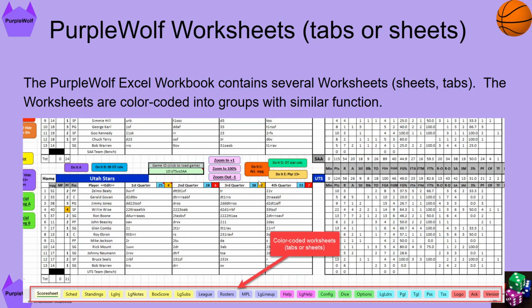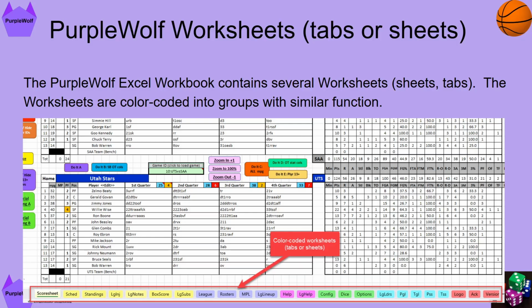The first thing I want to mention is, because PurpleWolf is an Excel spreadsheet, it takes advantage of an Excel feature of having multiple worksheets within the Excel workbook. An Excel file is called a workbook, and it can have a lot of different pages, if you think about them as pages, but they call them worksheets.